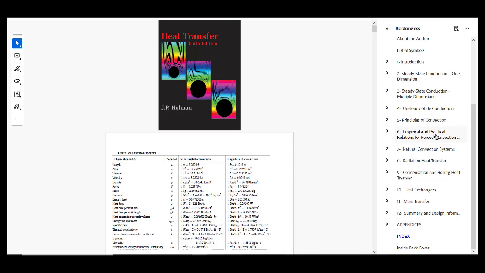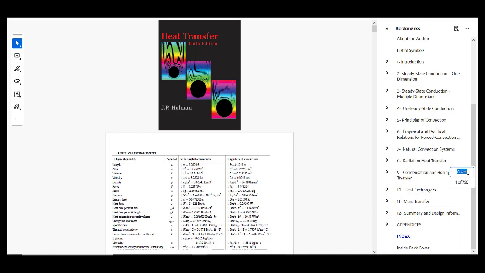Chapter 5 is about convection, and chapter 6 is about empirical and practical relations for forced convection. Natural convection is discussed in chapter 7, and chapter 8 is about radiation. Chapter 9 is about condensation and boiling heat transfer, and finally chapter 10 is talking about heat exchangers.